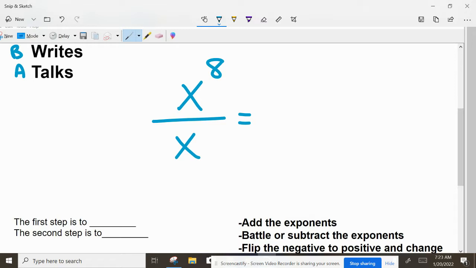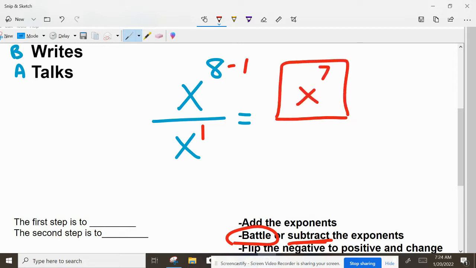The first step is to explain it, all right? Technically, the first step here would be there would be a 1 there, right? First step is to battle or subtract. Let's make sure we get this. Now we're going to go battle. The 1's going to come up here, so it's going to be x to the 7th, okay?